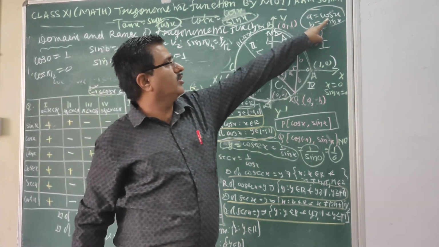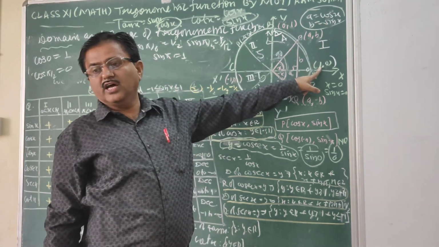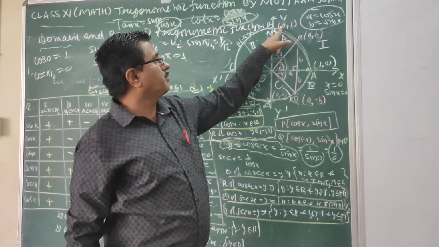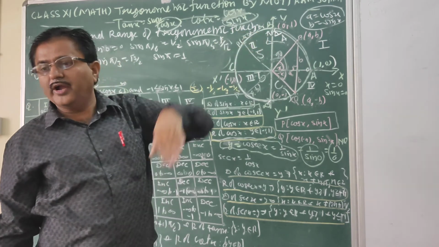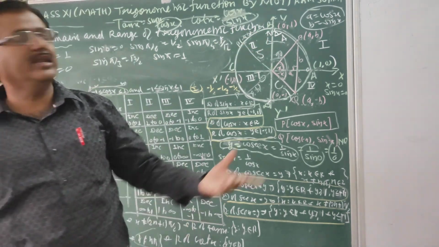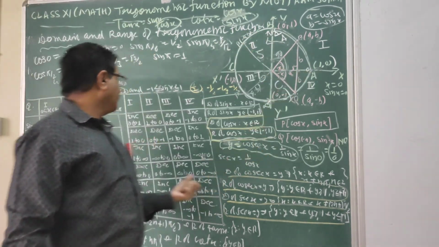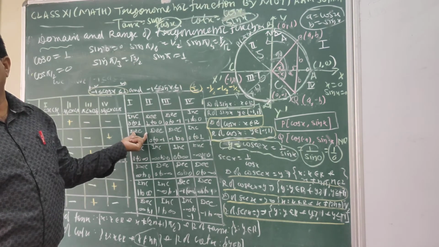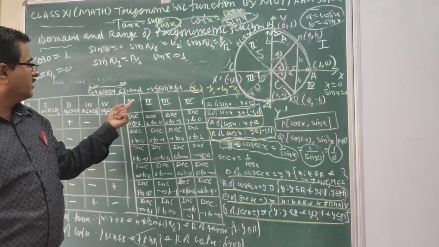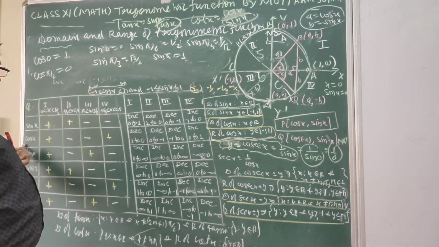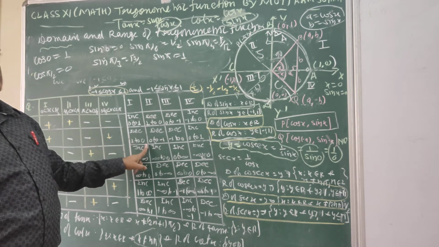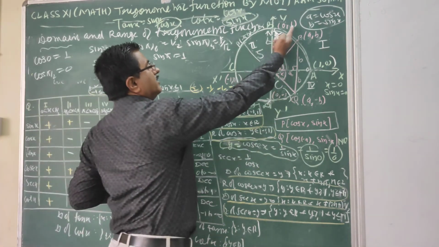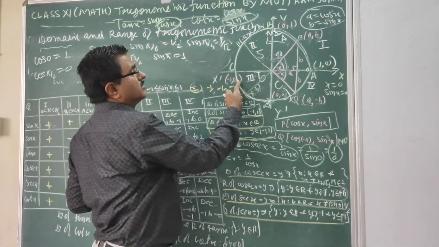Now the value of the x-coordinate, cos x. For 0 it is 1, and toward pi by 2 it goes from 1 to 0, so the later one is less. So the value of cos x in the first quadrant decreases from 1 to 0.